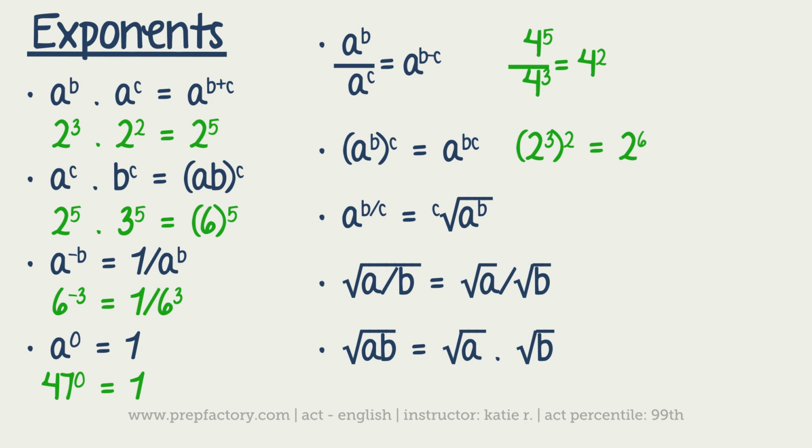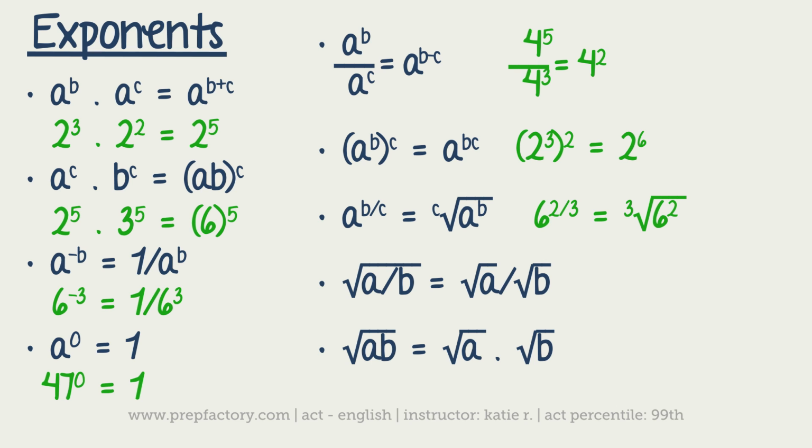Our next one, a to the power of b over c is equal to the cth root of a to the b. So if I had, let's say, 6 to the 2 over 3 power, then you take your bottom thing outside, so you take the cube root of 6 squared.